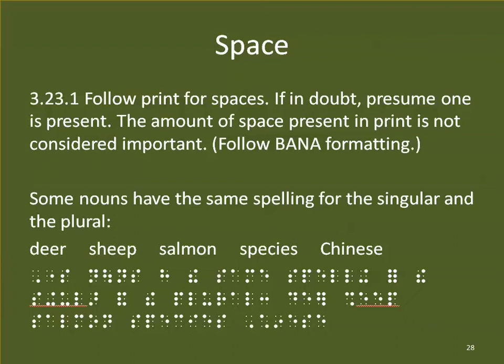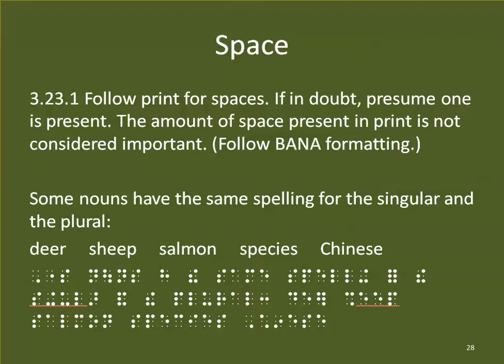A space is just a space, but we need a little bit of commentary. Follow print for spaces. If in doubt, if you're not sure if there's a space there or not, assume that there is one present. The amount of space present in print is not considered important. That's according to UEB. BANA is coming out with a new formats guidebook, and so we should follow BANA guidelines for formatting.